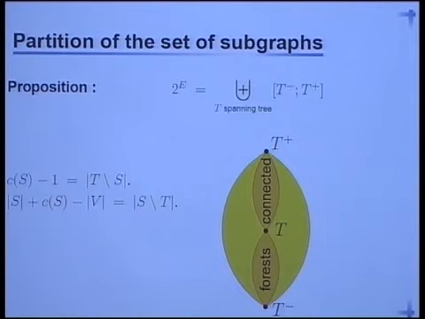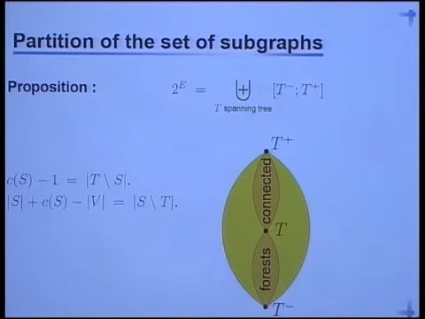And the cyclomatic number is the number of edges that you have added to your tree. So for instance, if you look at the interval, you have your tree. The connected subgraphs in this interval are the ones between T and T plus. The forests are between T and T minus.